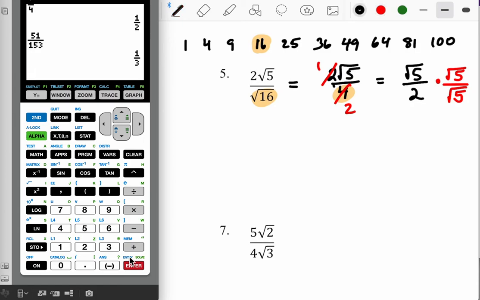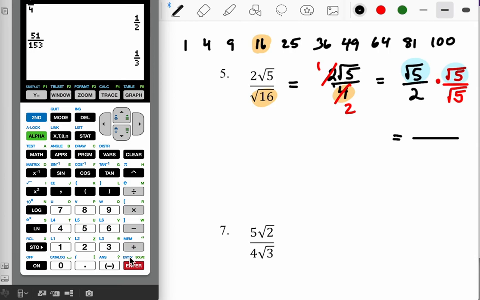When I multiply radical 5 by radical 5, that's nice and easy, because any radical multiplied by itself is just whatever is under the radical, the radicand. Radical 5 times radical 5 is radical 25, which is 5, because when I say radical, I'm also saying the square root of.